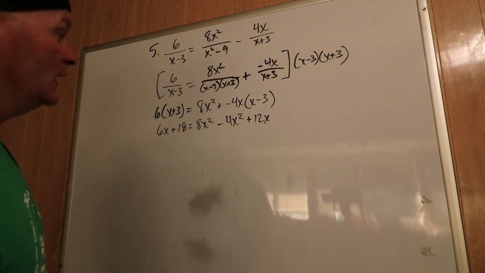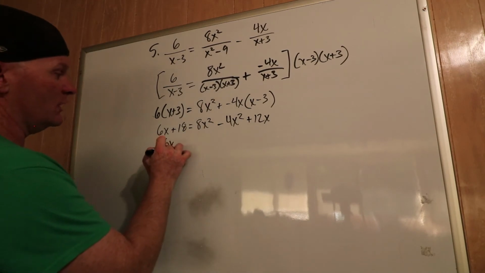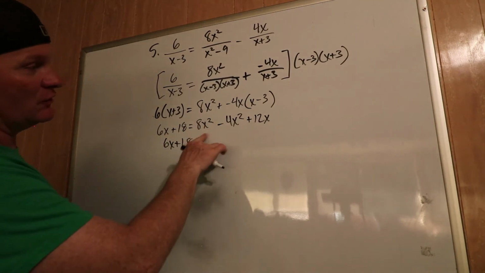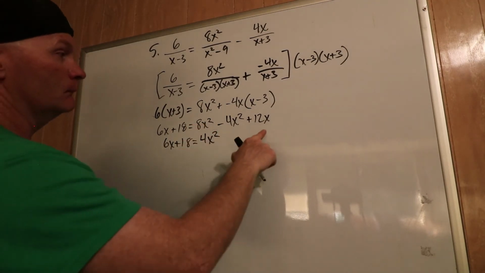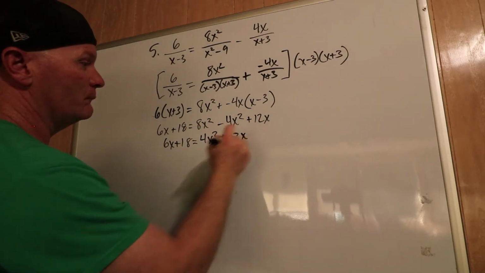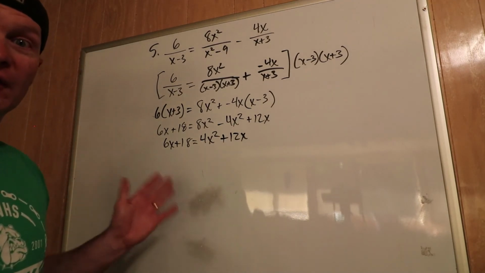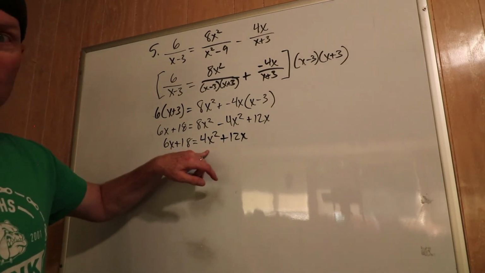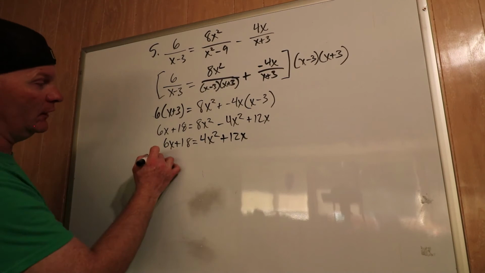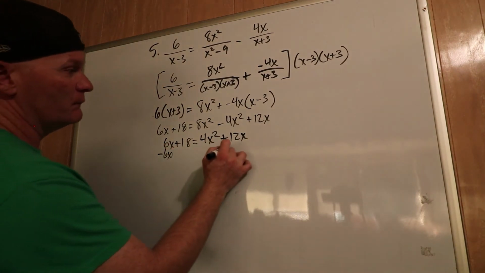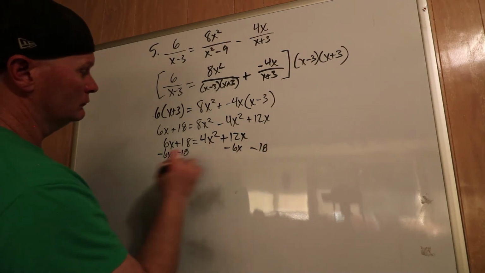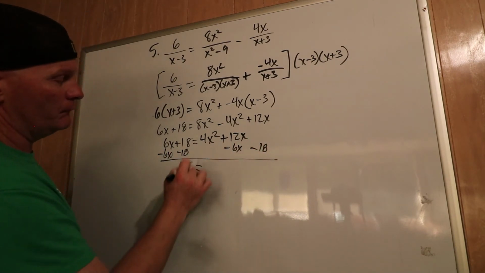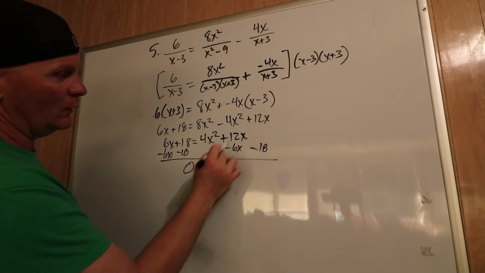Okay, let's see if we can simplify some. Let's see, 6x plus 18. 8x squared minus 4x squared is 4x squared plus 12x. And then I want to get everything on one side of the equal sign. Since the x squared is here, I'm going to move everything over there. So minus 6x and minus 18. So I get 0. 4x squared.